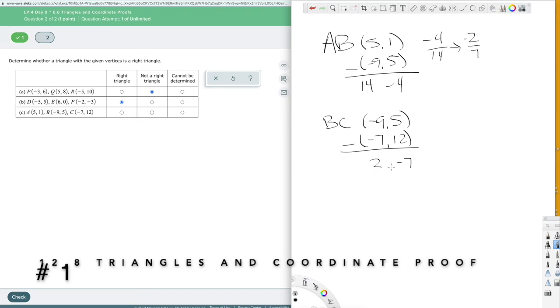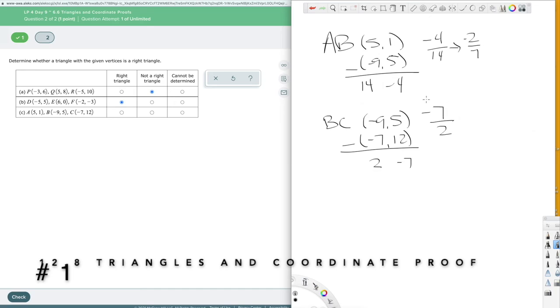So let's see. This ends up being -7 over 2. So they are reciprocals of each other, but they're not negative to positive. It's negative and negative. So these are not perpendicular to each other.